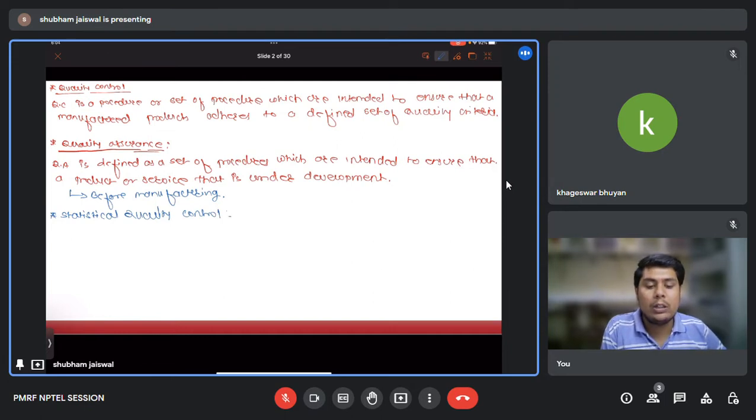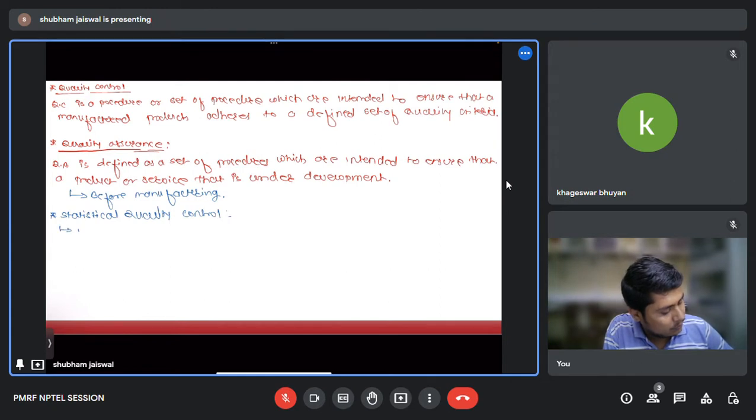After this, we saw what statistical quality control is. Statistical quality control comprises three things. The first one is descriptive statistics. It is used to describe quality characteristics and their relationship.